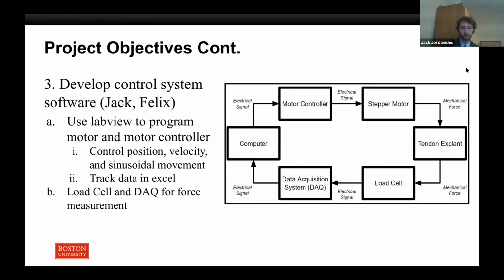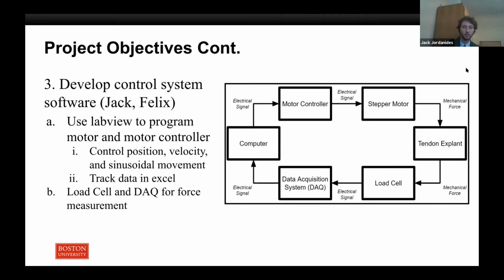And so we used LabVIEW, which is a graphical programming language, to program a motor to stretch and compress the tendon. We needed to be able to control the position of the motor, and the velocity, or the strain rate, which is the rate at which the tendon is being stretched and compressed.